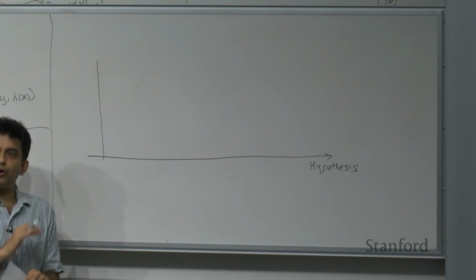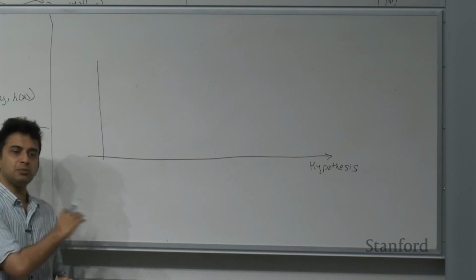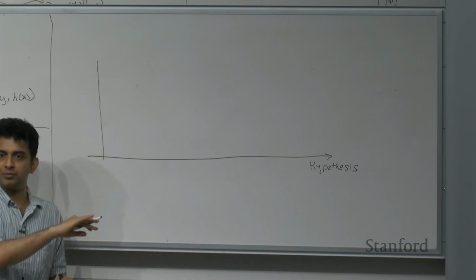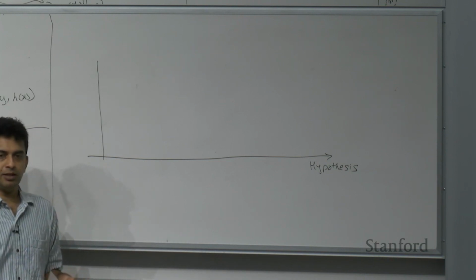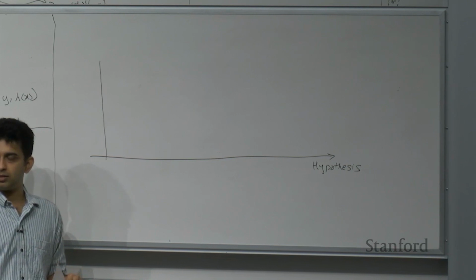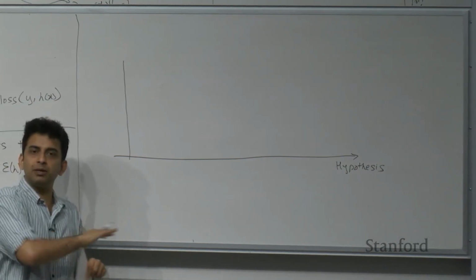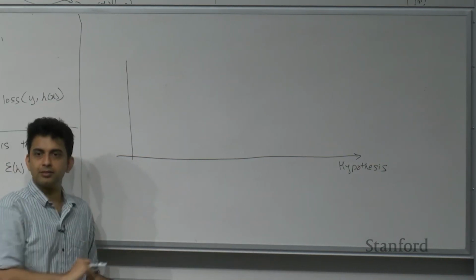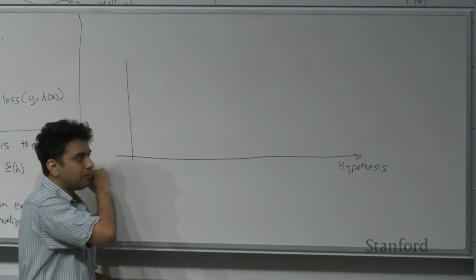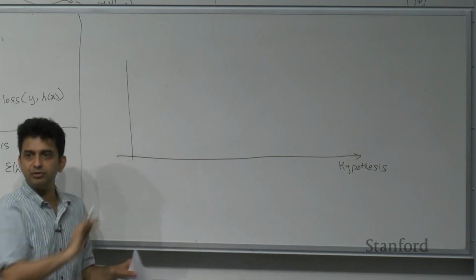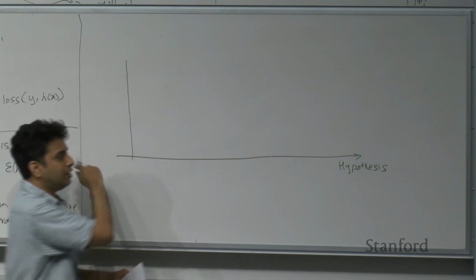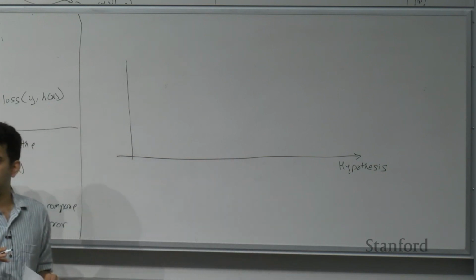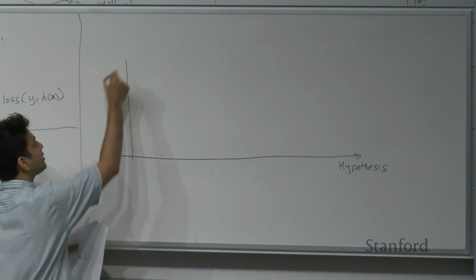I literally mean the set of all possible neural networks, the set of all possible SVMs, the set of all possible Gaussian processes, the set of all possible models that are not yet invented today. Every possible hypothesis comes on the x-axis, and we're going to linearize it to make the visualization simple. But imagine you have all possible hypotheses on the x-axis, and on the y-axis we're going to have risk.